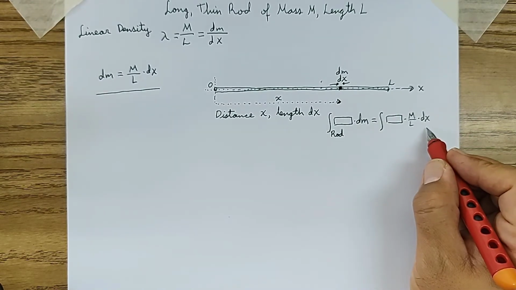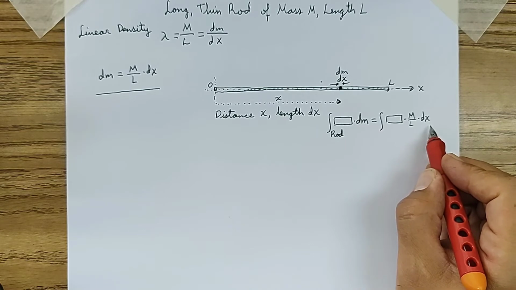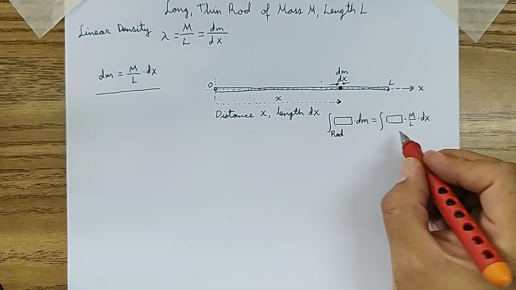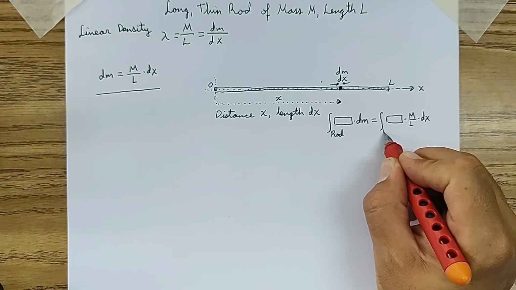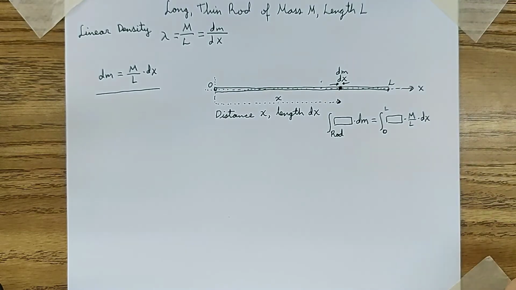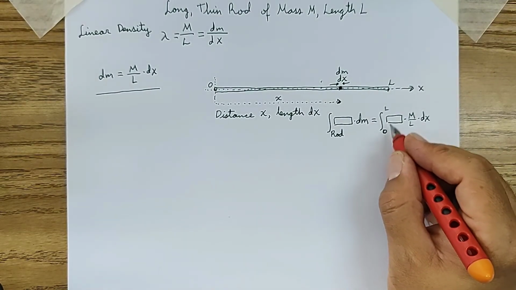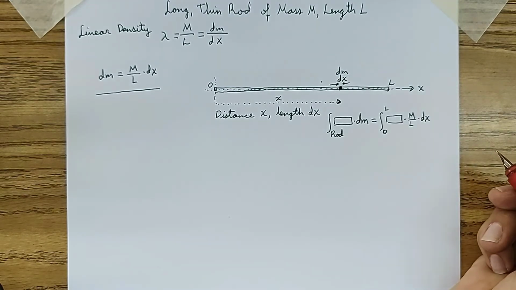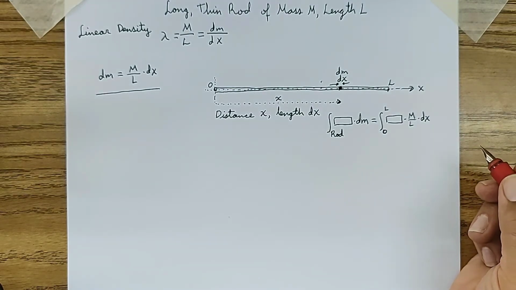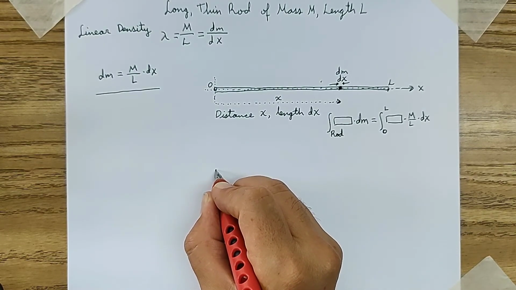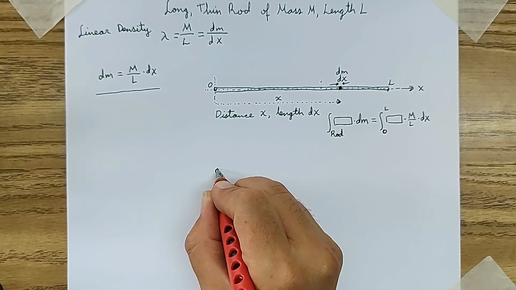And because now the variable is x, and you know what is the variation of this x variable from 0 to L, you now have the lower and upper limit for the integral. So this is the integral from 0 to L of the function times this spatial differential. So that's how you switch from mass differential to spatial differential.